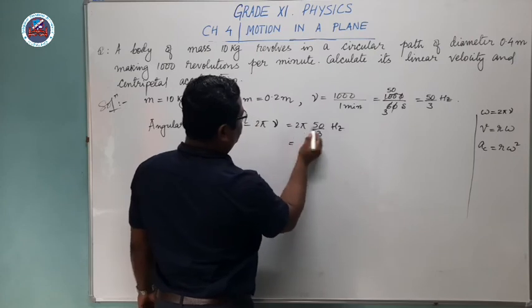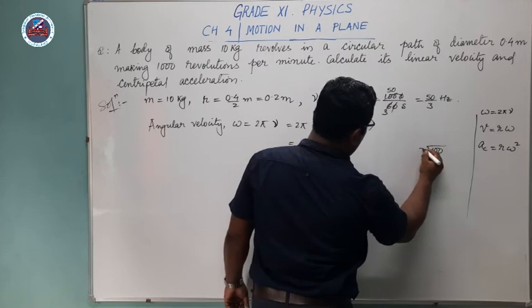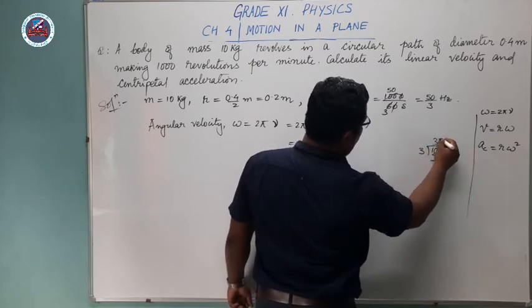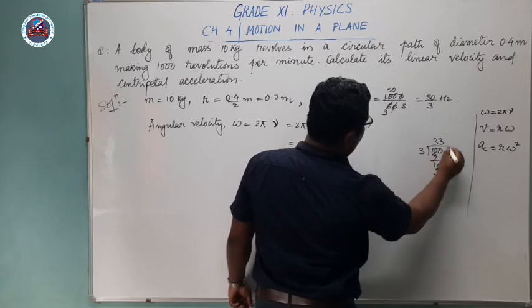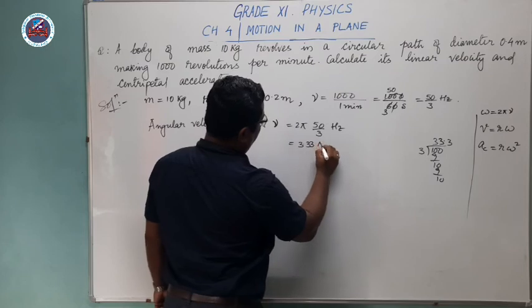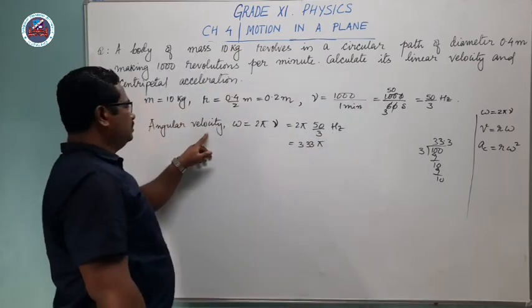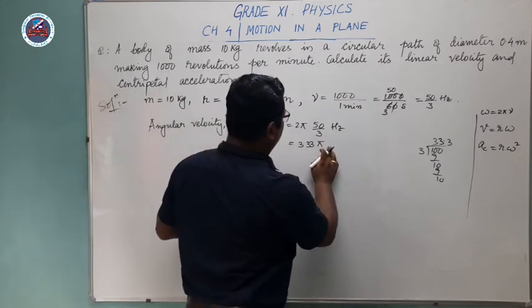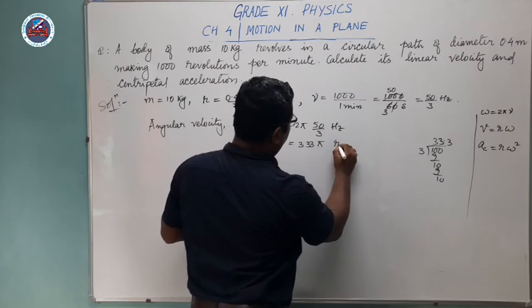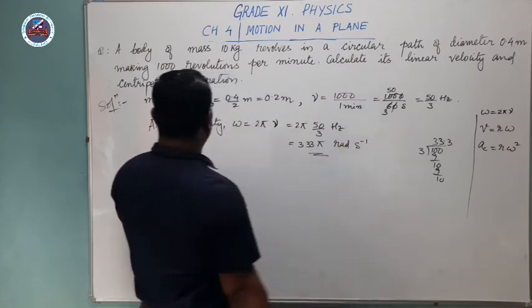So 50 into 2 is 100 by 3. 100 divided by 3 is 33.33, it will go on, pi keep as it is. The SI unit of angular velocity will be radian per second. Hertz means per second, and angle is in radian, so it will be radian per second. This will give you your angular velocity.